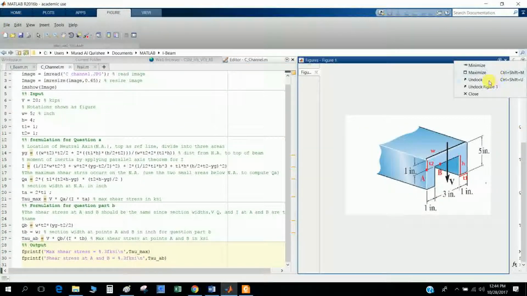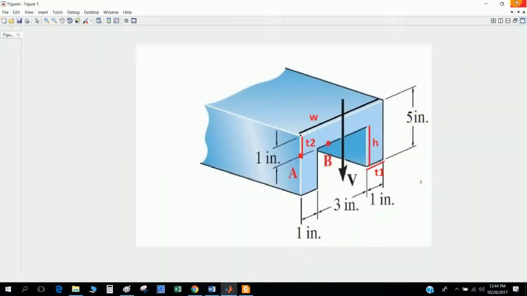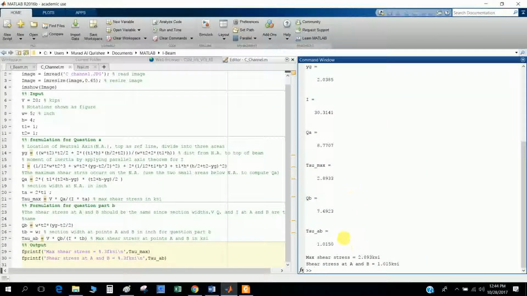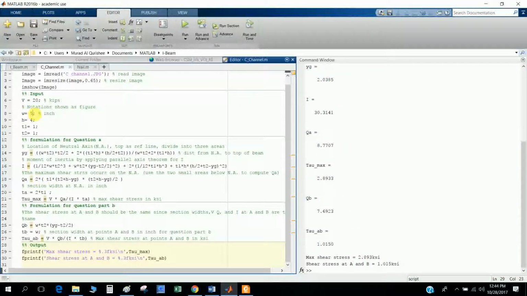Here are the maximum shear stress and the minimum shear stress. In this way, if you want to solve another problem, just change the parameters in here. Just change the input, and you can change the result.